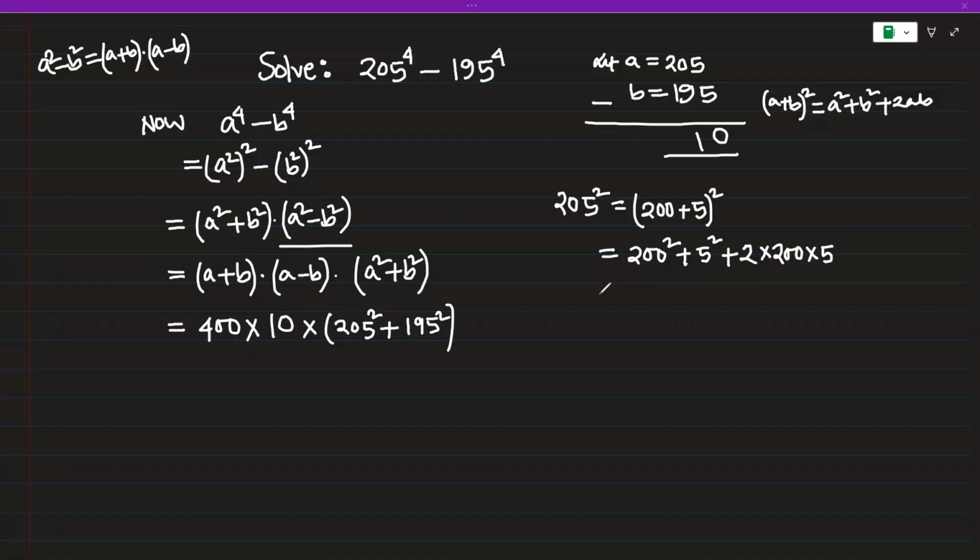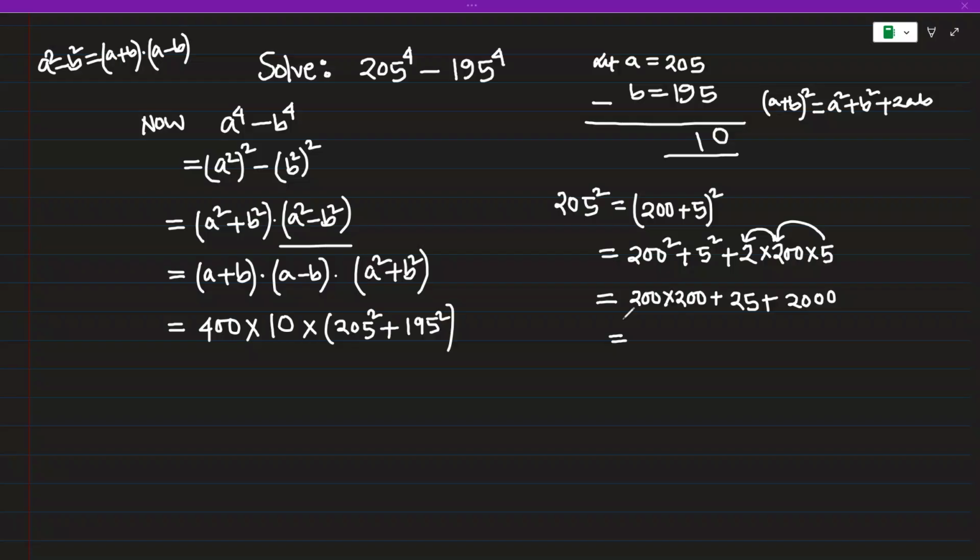So now 200 square means 200 times 200. We can write that plus 5 square is 5 times 5, which is 25, plus 5 times 2, which is 10. 10 times 2 will be 20, and then we add 2 0.